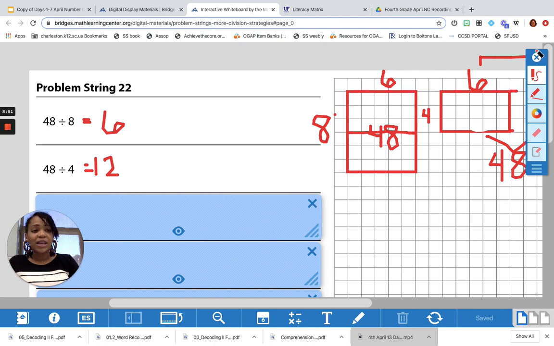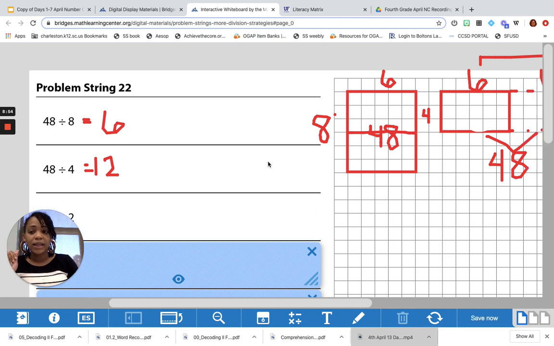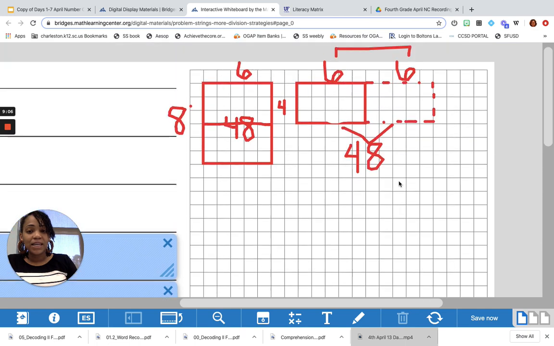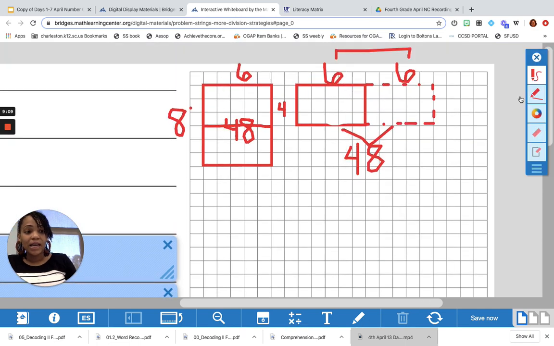So let's use that same thinking to look at the next problem, which is 48 divided by 2. All right, do you see what's happening here? If not, let me just go ahead and say it. I am halving my divisor again, which means what am I doing to my quotient? I'm halving it this way, and I'm sliding this whole piece over here.